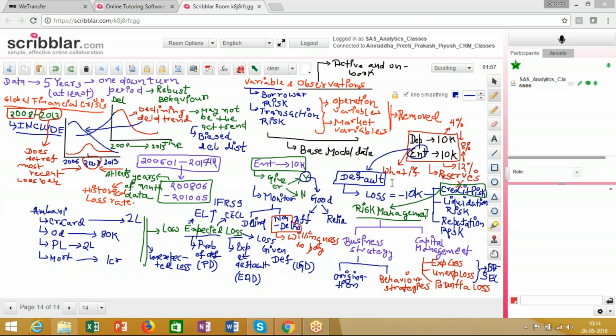It does not really matter whether the account defaults in the first 3 months, second 3 months, or last 3 months. The most conservative estimate of the exposure is taken. You can think about it like this: I assume that in the next 12 months the account defaults right in the beginning. That's the most conservative estimate, so the most conservative EAD estimate will be taken. I'll describe this question in more detail when I come to the EAD model.